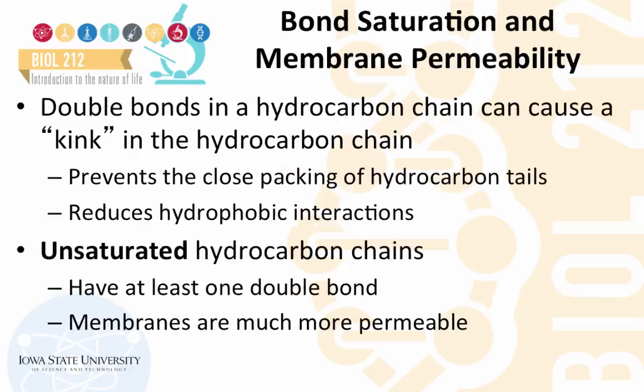Since double bonds cause kinks in the hydrocarbon chain of phospholipids, these kinks prevent the close packing of hydrocarbon tails and thus reduce hydrophobic interactions. Phospholipids that have more unsaturated hydrocarbon chains have at least one double bond, and as a result, membranes that are formed from these phospholipids are much more permeable to solutes.